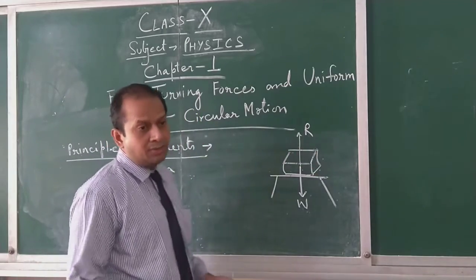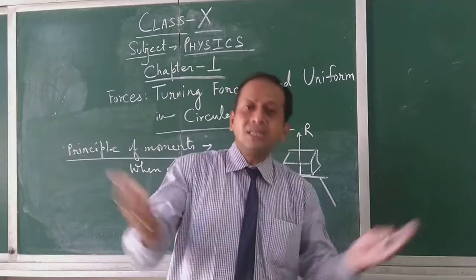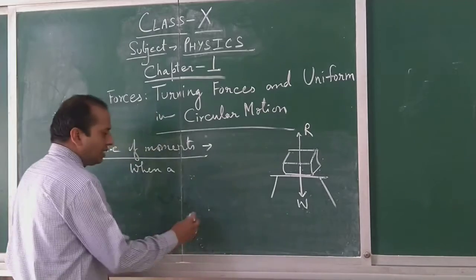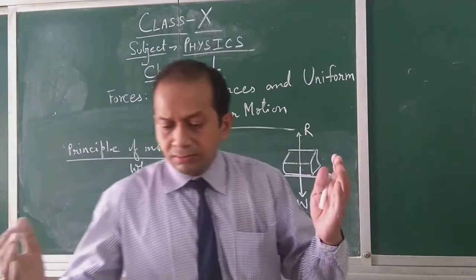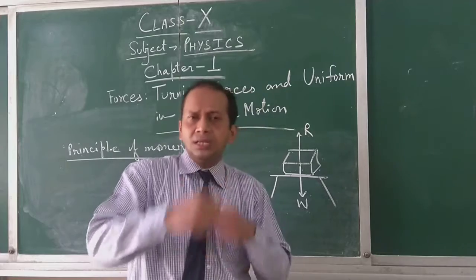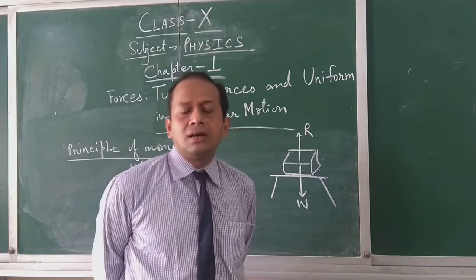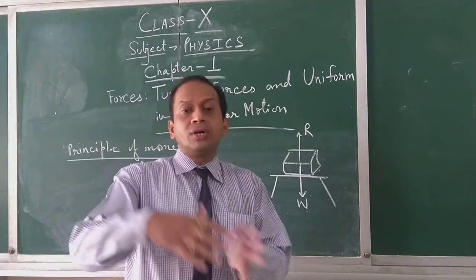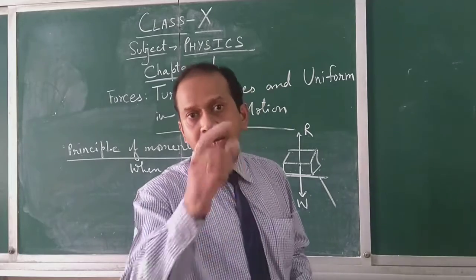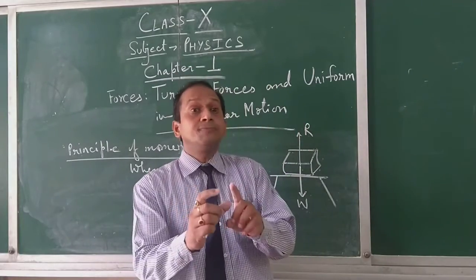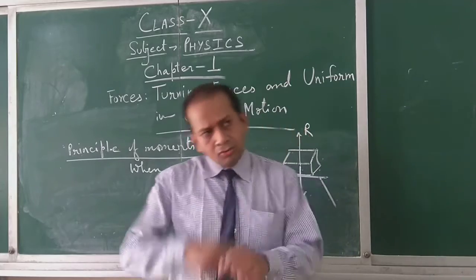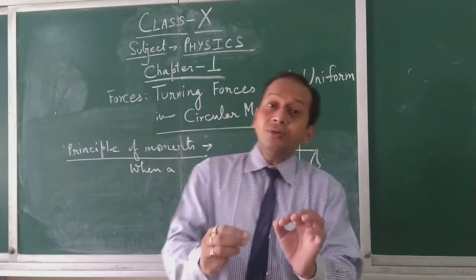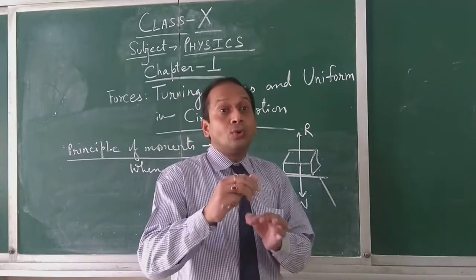For dynamic equilibrium, you can think of examples from your practical life, children. Suppose you are going on a bicycle and you are regularly paddling it so that it can move, and a friend is beside you. But the cycle speed is not increasing. Why? Because your force is only that much to overcome the friction.